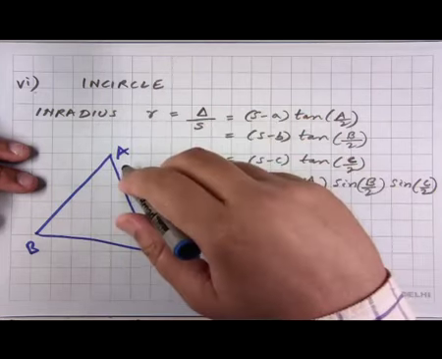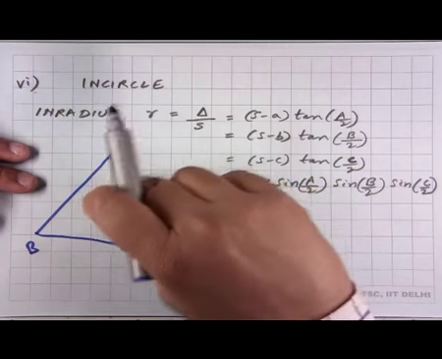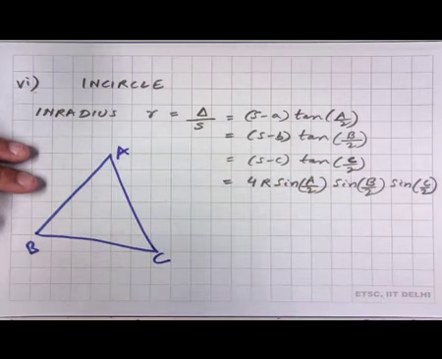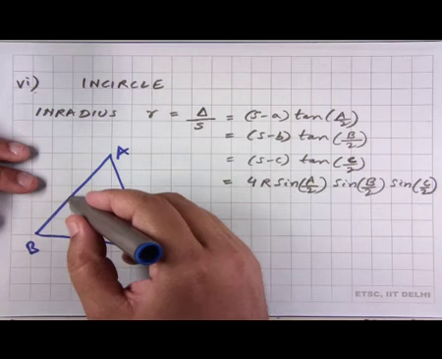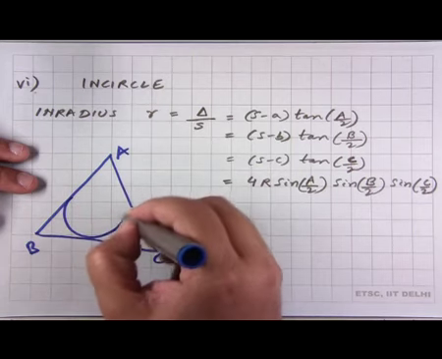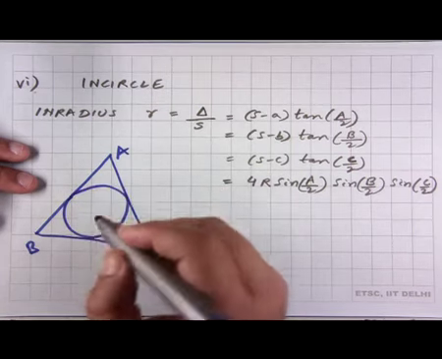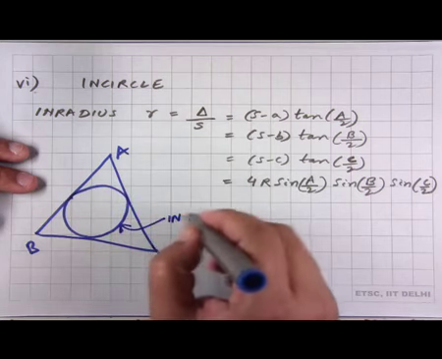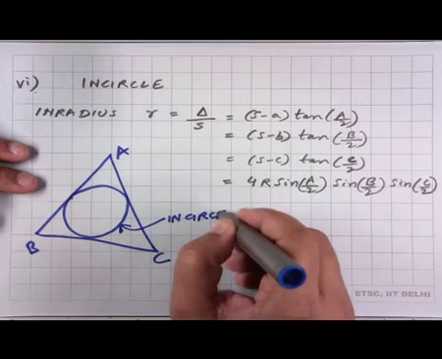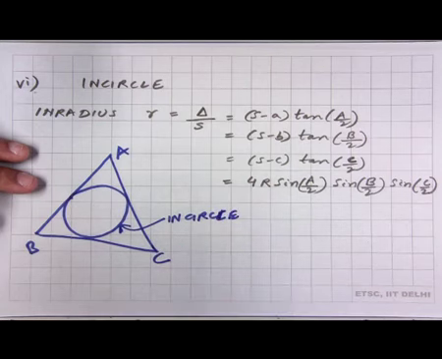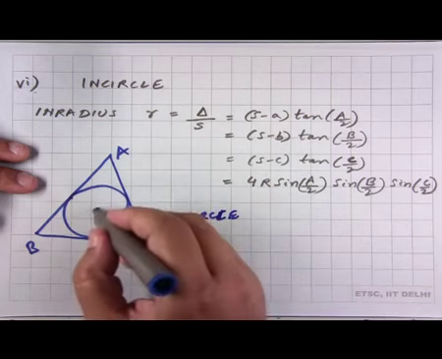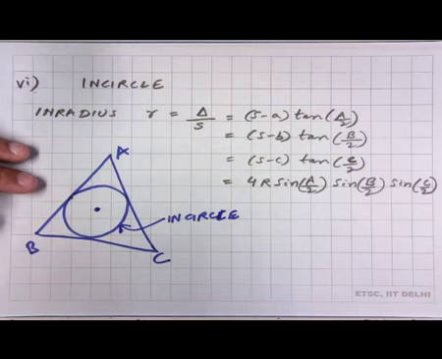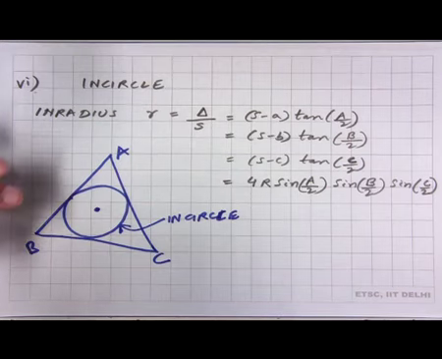So, it touches each side at exactly one point. So, this is the incircle. The center of the incircle is called the incenter, and the radius is called the inradius.